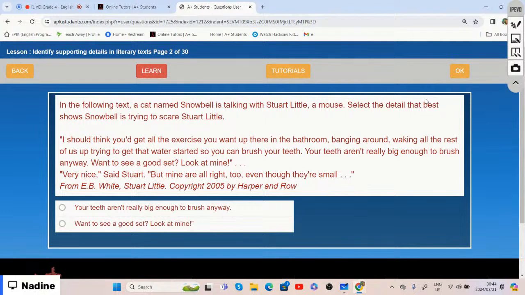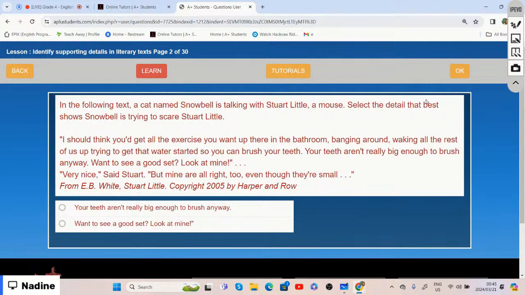So we need to select the details that best show Snowbell is trying to scare Stuart Little. Is it because he says your teeth aren't really big enough to brush anyway?